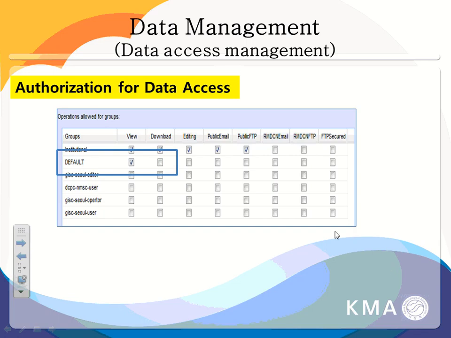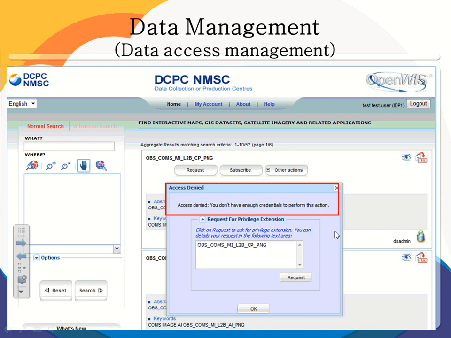If I access the GCPC and WIS Center, but I don't have any privilege and authorization to get the data, if I ask to download data, you can see this one, access denied, because I don't have any privilege to download the data. I just have the privilege to watch the data and just to see the DAA catalog in this website. So yeah, access denied here if I don't have any privilege.